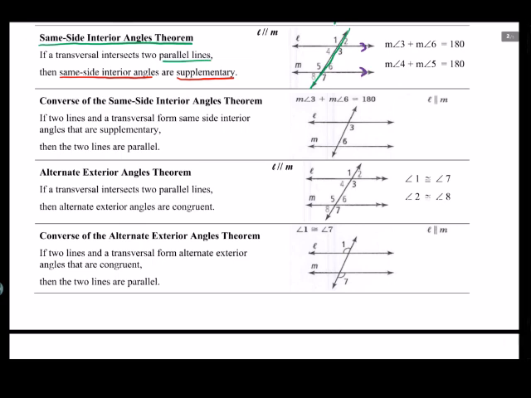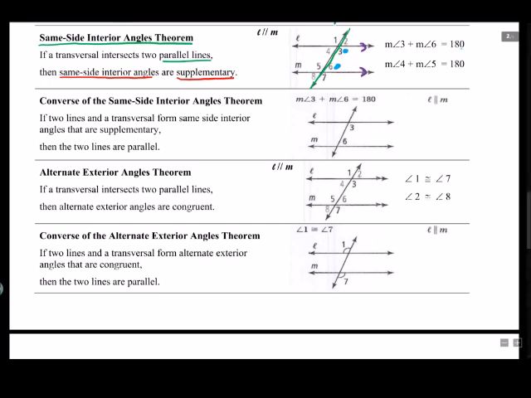Okay, this one's a little different. So we are going to look at our same side interior angles here. Let's look at angle 3 and angle 6. We know that they are supplementary. So the measure of angle 3 plus the measure of angle 6 equals 180.